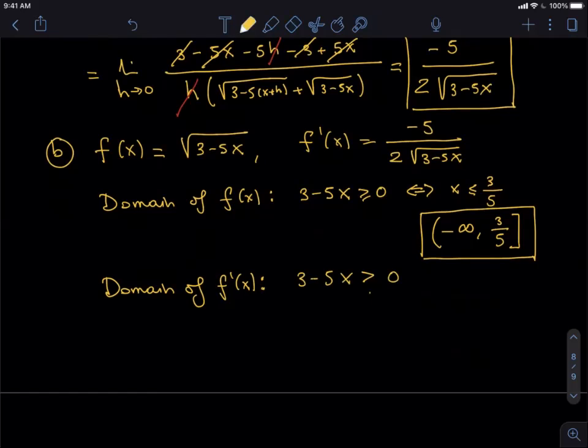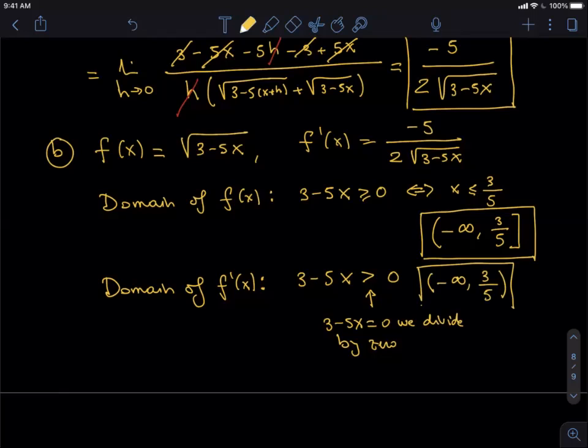If 3 minus 5x equals 0, the denominator blows up. We divide by 0. So in this case, the domain is the open interval from negative infinity to 3/5. And that's it.